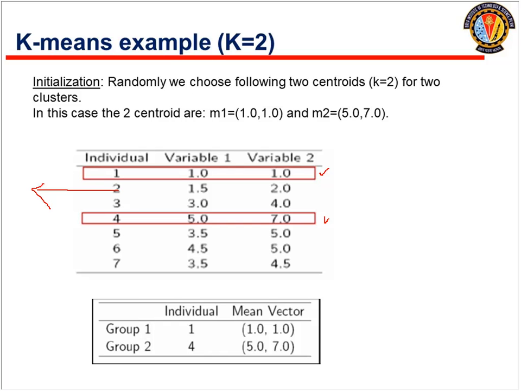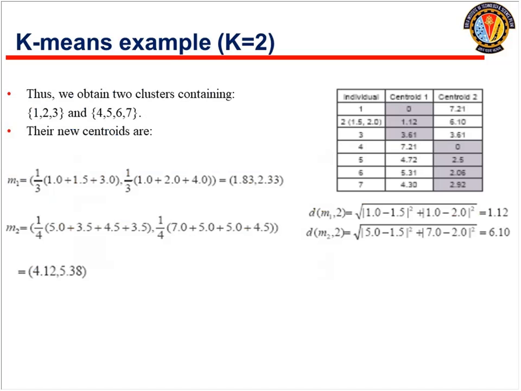Find the distance of point number 2 from the first centroid, that is M1, and from M2. Let's do that. You can see the distance from M1 is 1.12, and from the second centroid it is 6.10. So obviously it is closer to the first centroid M1. So the second point is assigned to cluster number 1. So 2 has gone to 1.